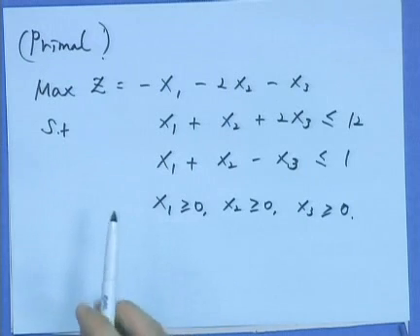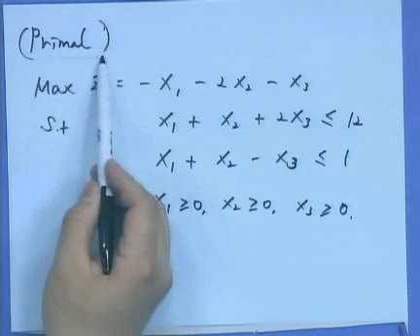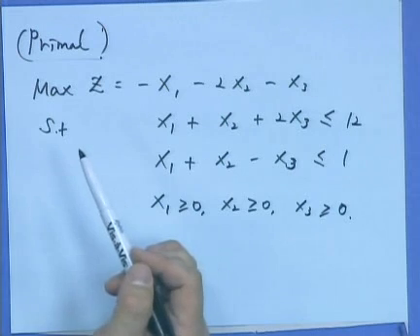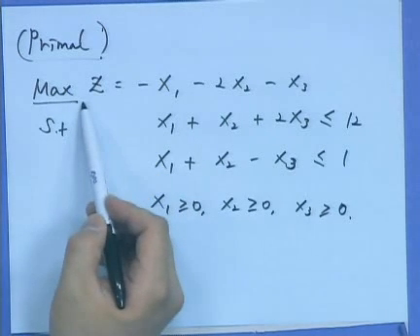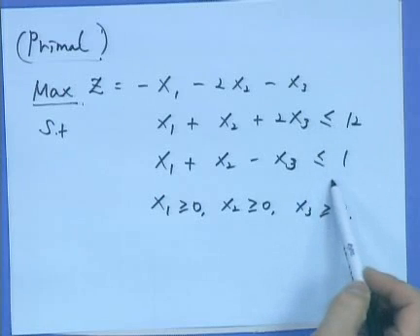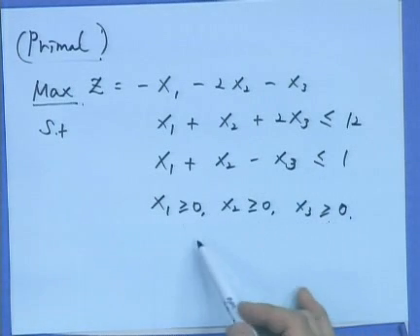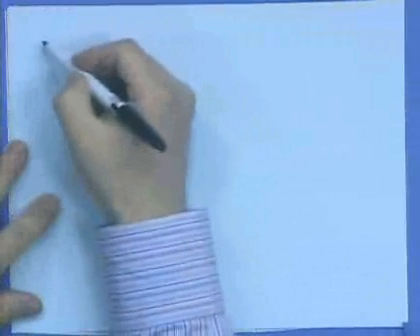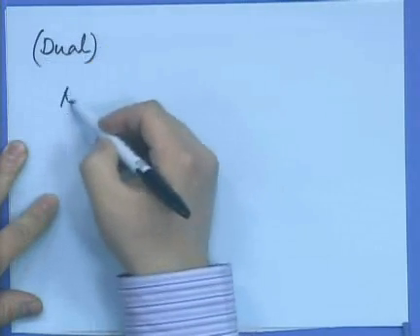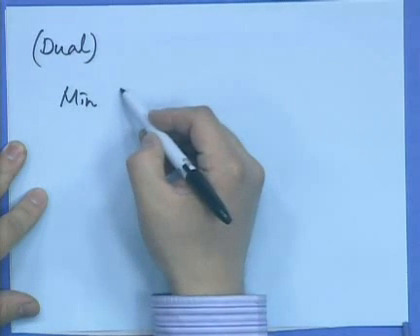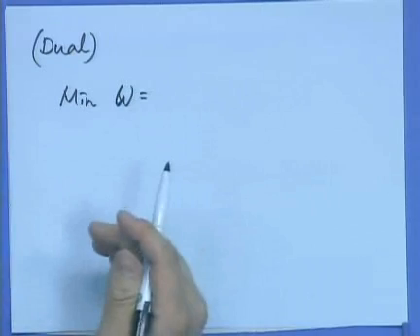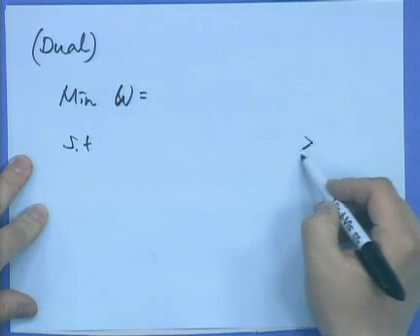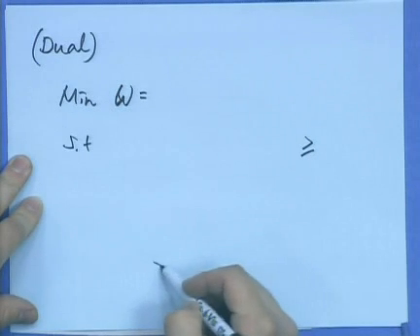So first, we can see that the given primal problem is in the form of the dual in the symmetric primal dual pair, right? It is a maximization problem with less than or equal constraints and non-negative variables, which means the dual problem must be a minimization problem with greater than or equal constraints and non-negative variables.